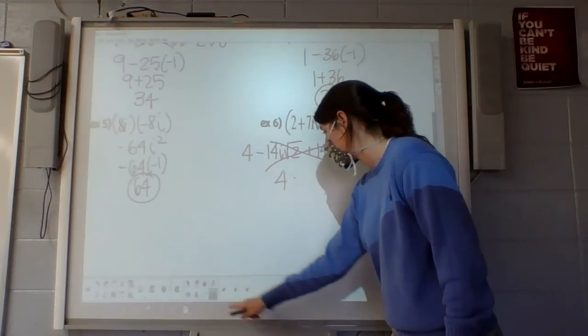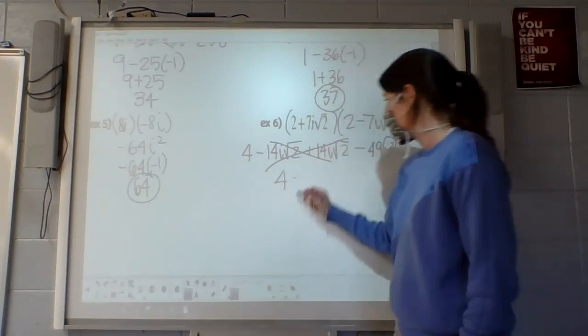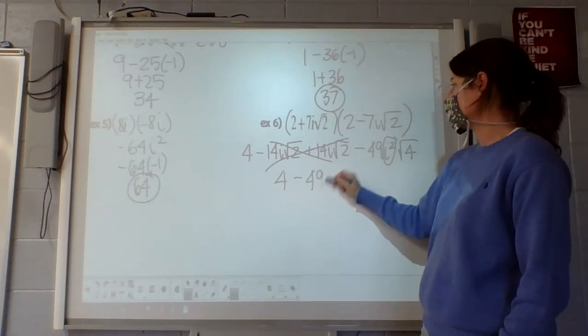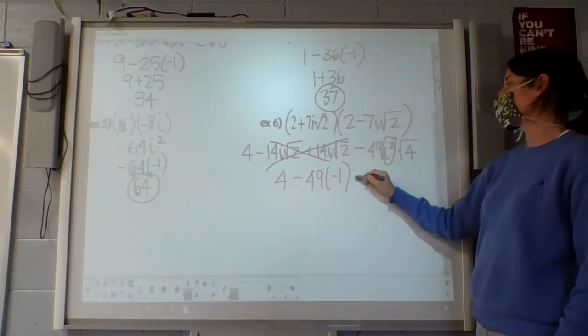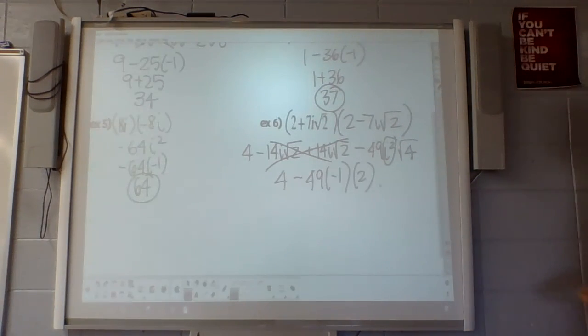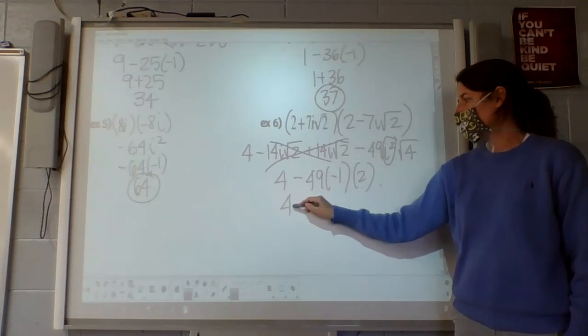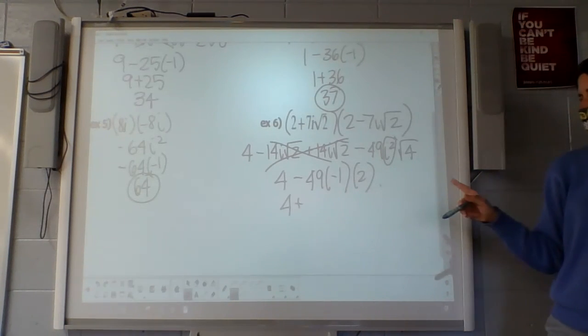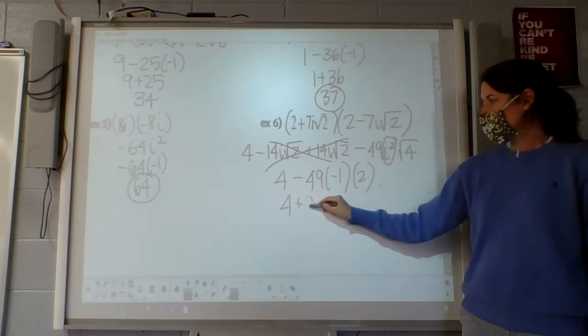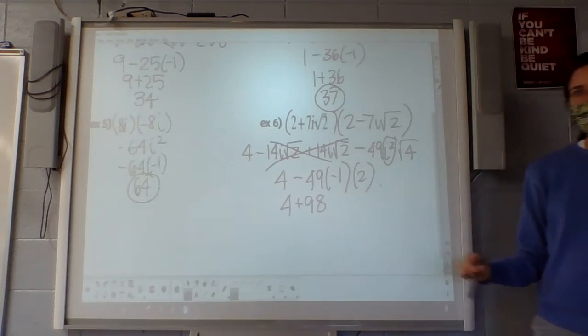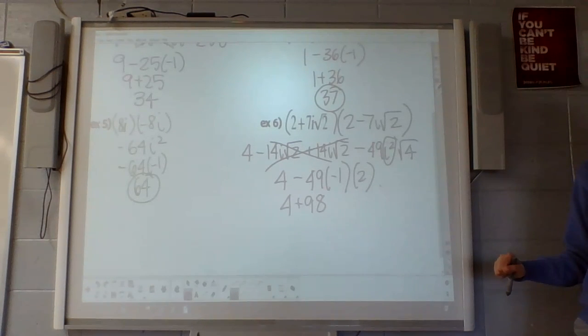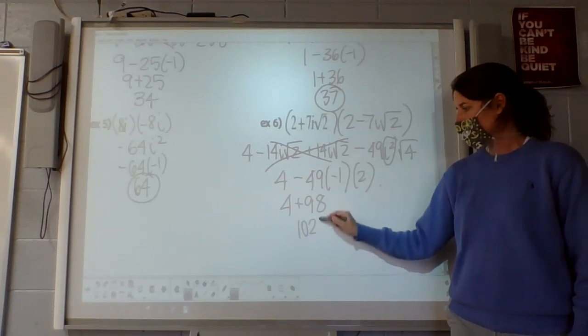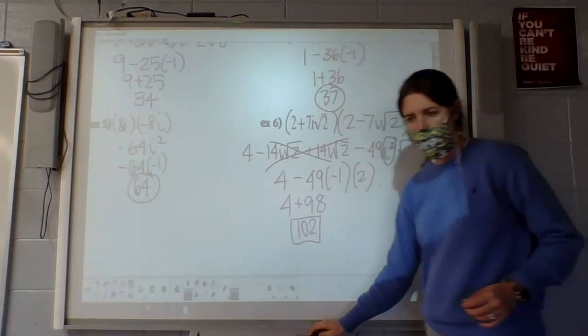So minus 49, negative 1, and then square root of 4 is 2. There we go. Is that better? Hopefully you're okay with that. Now I have 2 negatives. That's going to become a positive. 49 times 2 is 98. Sorry, I was a step ahead. Okay.